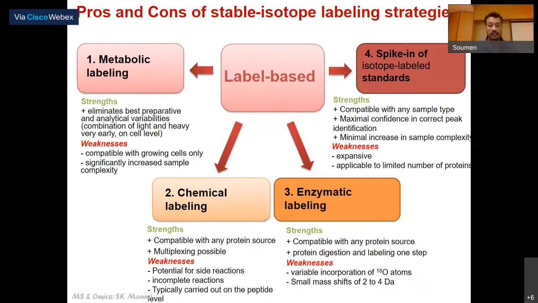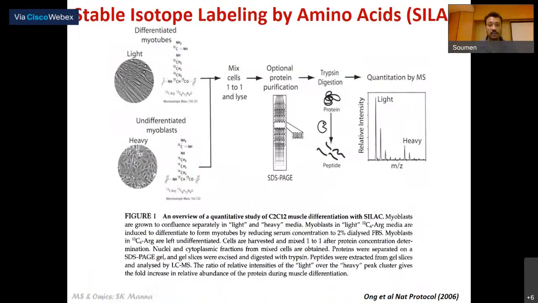I'll let you read them yourselves. So this is, for example, SILAC. What you do here is feed cells, your experimental sets that you want to compare, with light or heavy amino acid. For example, in this case, you can feed them with 12C arginine or 13C arginine, or 12C lysine or 13C lysine.